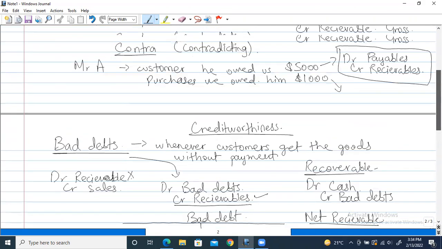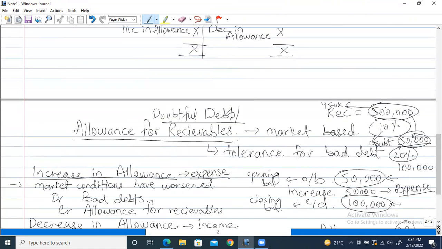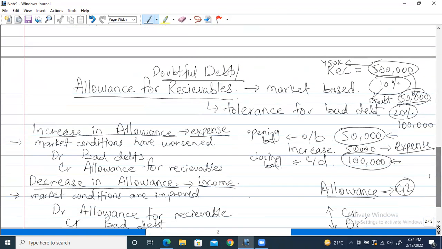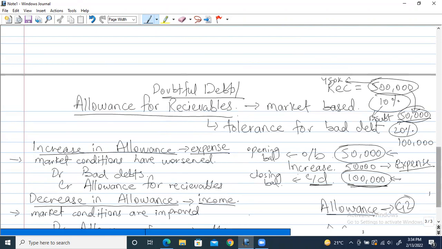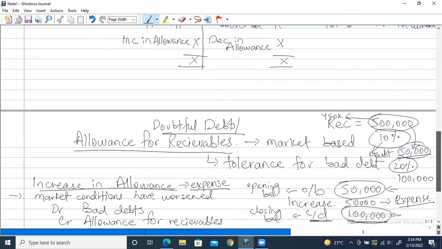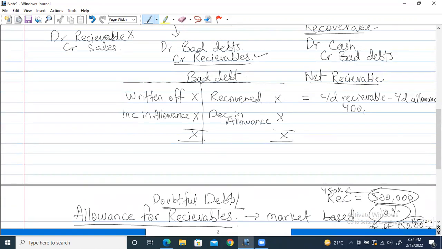Let's say the total receivables are 500,000, right? And the closing allowance was 100,000. If I take this 100,000 out of 500,000, the uncertain figure is taken out, and I will be left with 400,000.